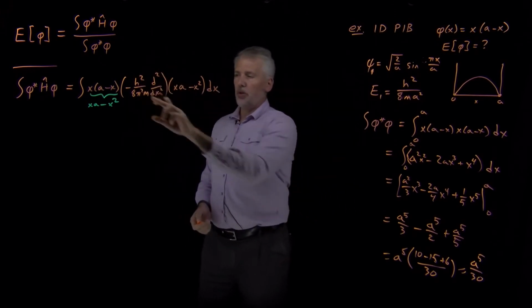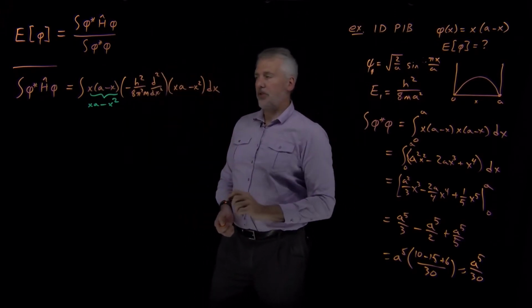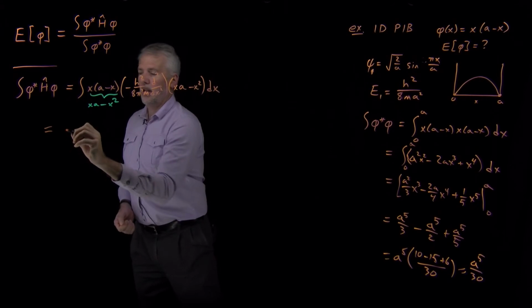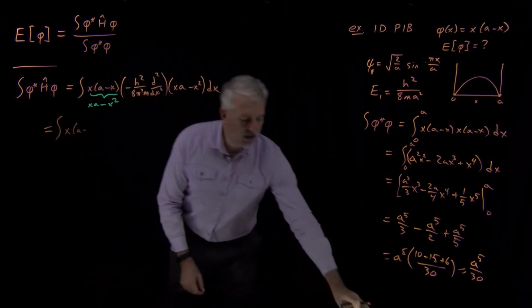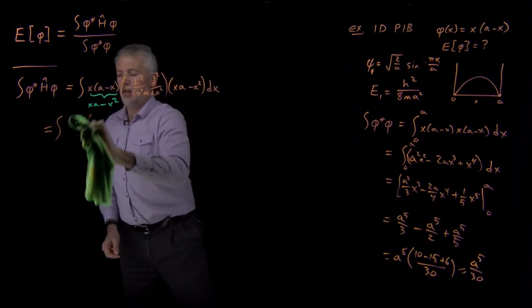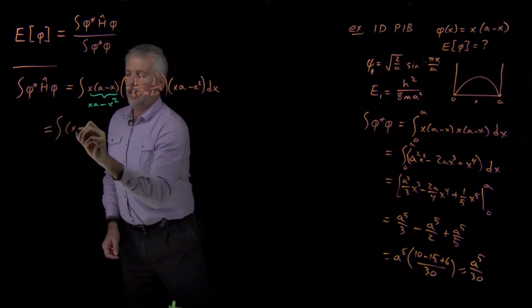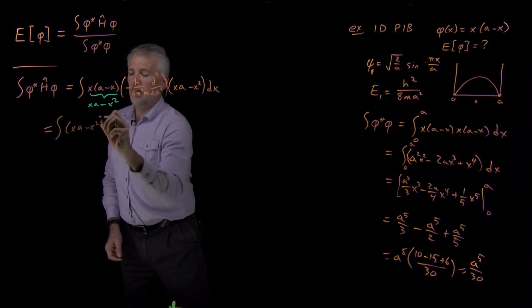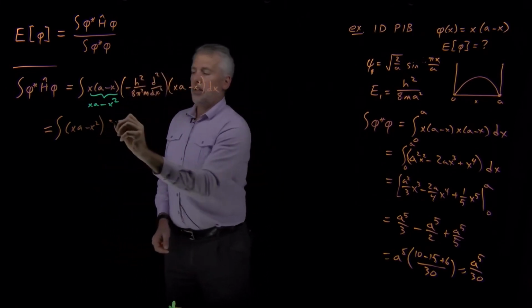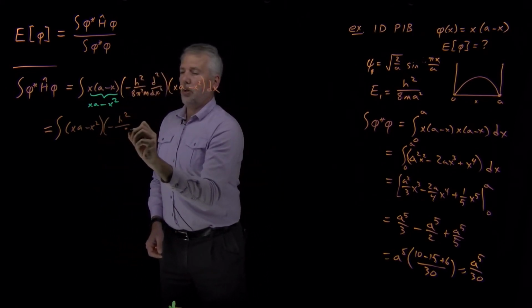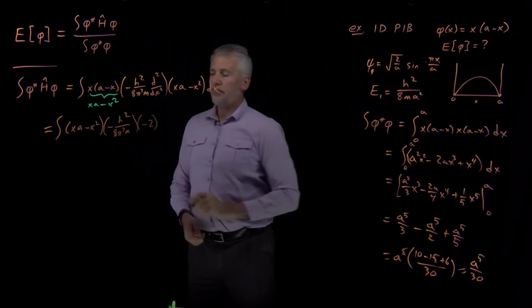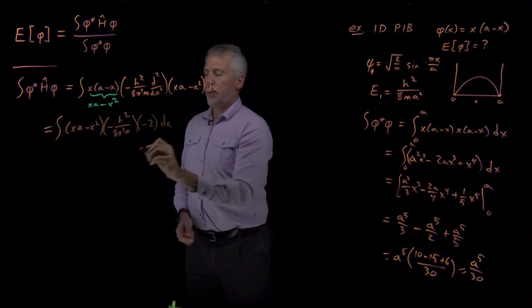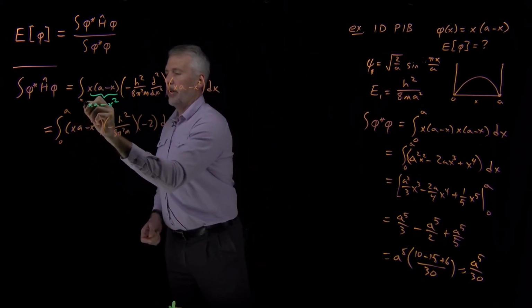So this whole second derivative term just gives me minus 2. So the result is I want the integral of x, a minus x, which I can go ahead and write since I've done the work, as xa minus x squared. My constants stick around, minus h squared over 8 pi squared mass. Second derivative has given me minus 2. And I want to take the integral with respect to x, integrating from 0 to a.